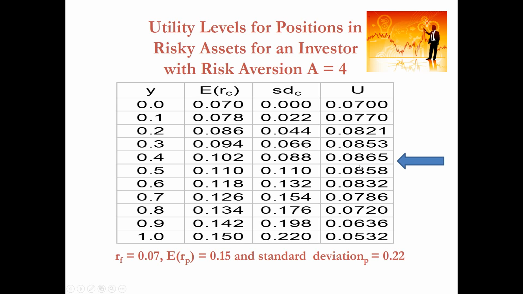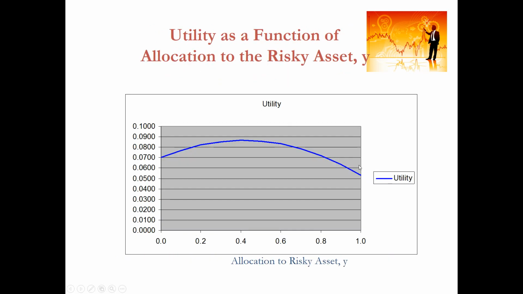If we wanted to plot this utility function across different asset allocations, it looks something like this. And if we plot it for every possible observation, we can see, as above, it's roughly around 40% where utility is maximized. However, just saying roughly 40% may not be good enough.